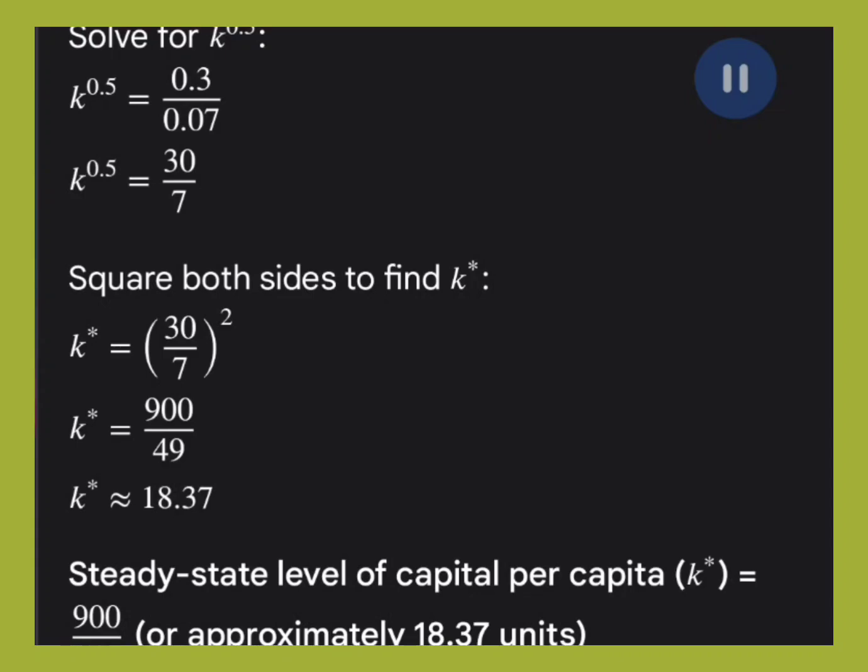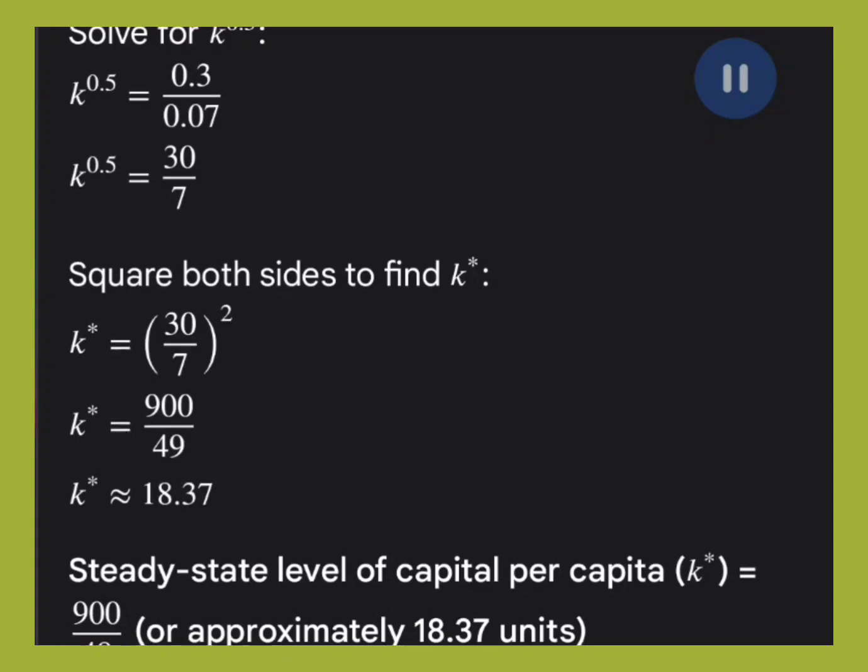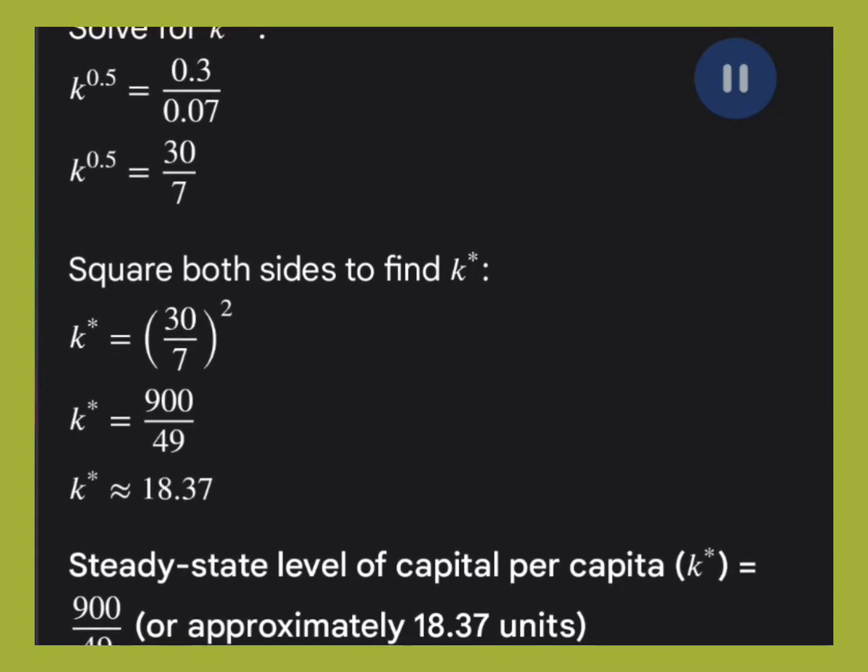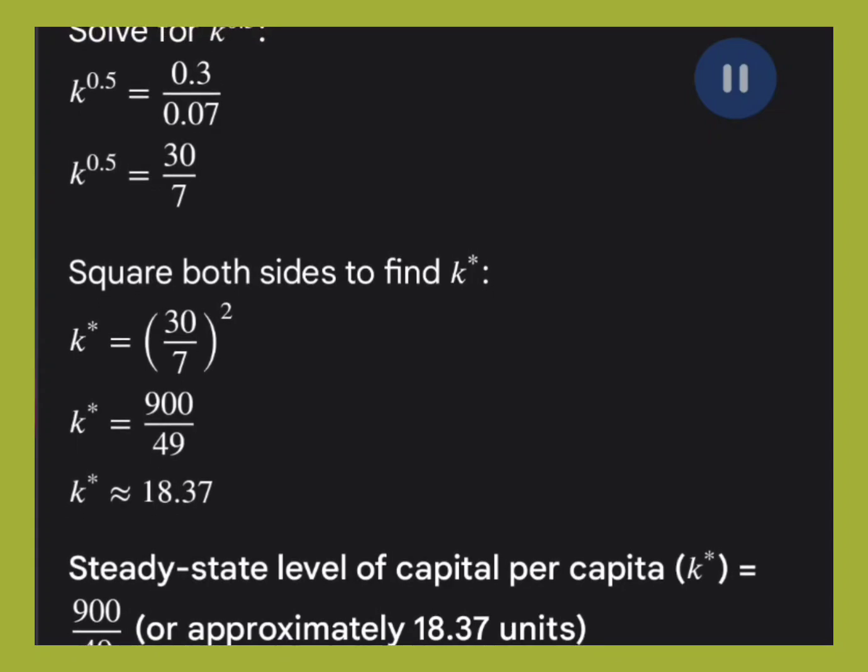K star equals frac 900 over 49, approximately 18.37. Steady state level of capital per capita, K star, equals frac 900 over 49, or approximately 18.37 units.